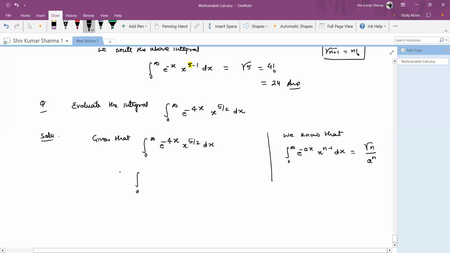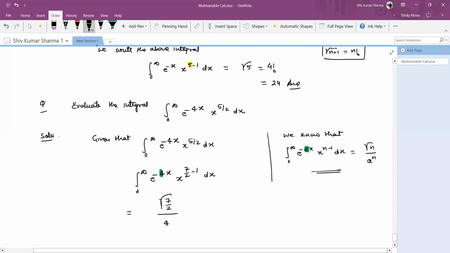We can write this integral as 0 to infinity e raised to the power minus 4x into x raised to the power 7 by 2 minus 1 into dx. 7 by 2 minus 1 means 5 by 2. Now the value of this integral by using this definition gives us gamma 7 by 2 upon a raised to the power n. What is a? When we compare, a is 4.